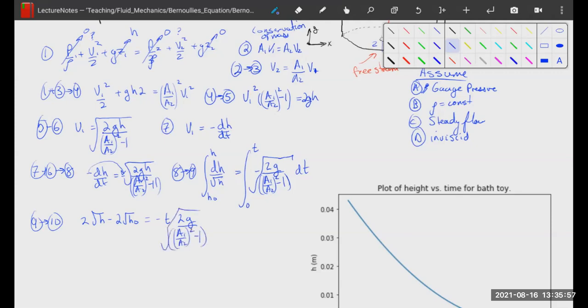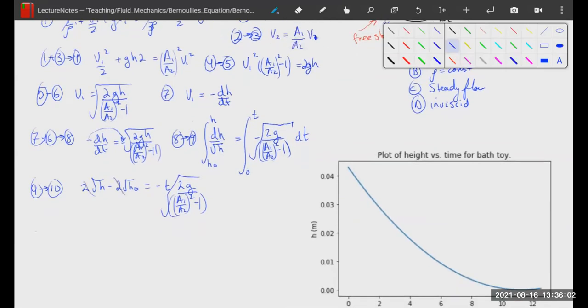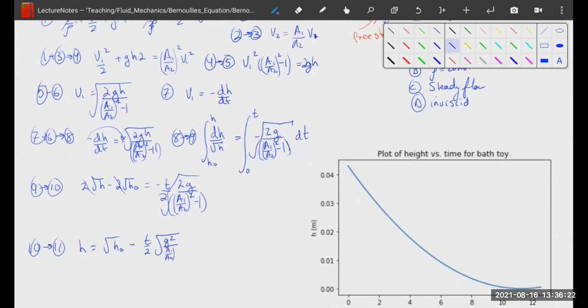If we cancel out these 2's, divide the t by 2, and solve for h, we get, 10 to 11, that h is equal to (the square root of h naught minus t over 2 times the square root of 2g over (A1 over A2 squared minus 1)), all of it squared, right?